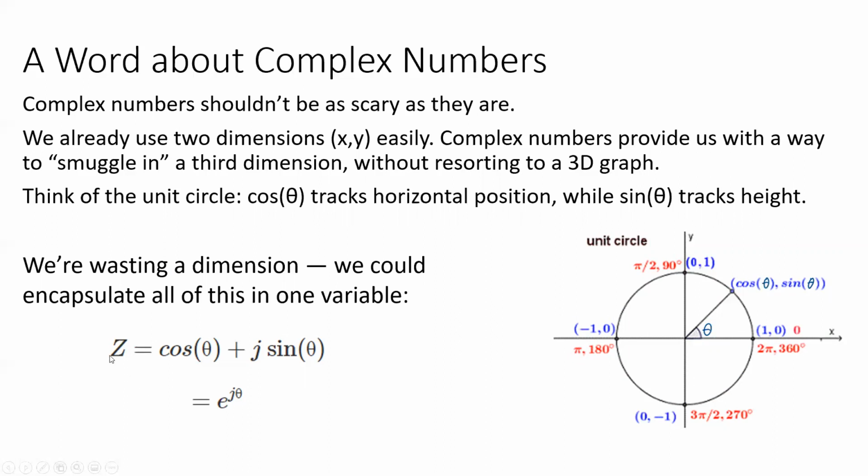So we'll put it into this z as cosine of theta plus j sine of theta. We travel in the x direction some amount, and then the j means travel in the y direction by sine theta. An easy way to do that through Euler's identity is e to the j theta, and that gives you both of these points.